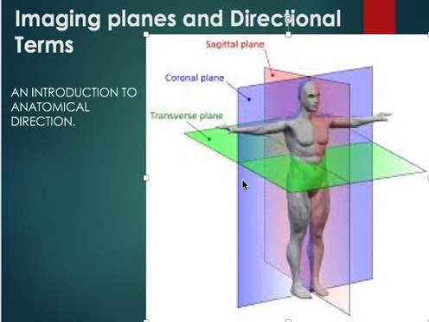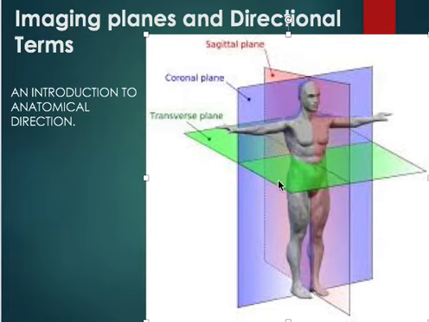These are three of the planes that are most commonly used, or three of the only planes that we use. The first one is the sagittal plane, which is this one here, which is cutting the body into right and left halves. So sagittal plane is right and left sides. The coronal plane is cutting the body into anterior or front and posterior rear sides.